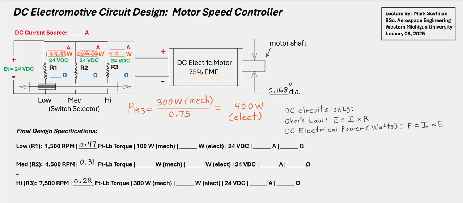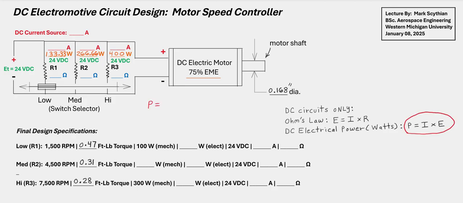And so we can calculate the electrical power at R2 and R3 in the same method. So we get 266.66 watts and 400 watts for R2 medium and R3 high setting. And so then we can take the DC power equation, P is equal to IE, and we can solve for the current component.